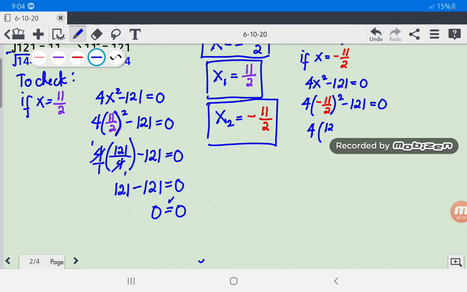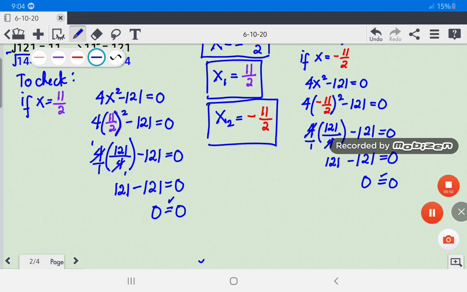Then times negative 11 squared, that is 121, over 2 squared, that is 4. Then minus 121 equals to 0. Denominator of this is 1, so we can cancel now 4 and then 4 here. So we have 121 minus 121 equals to 0. So 0 equals to 0. Check.